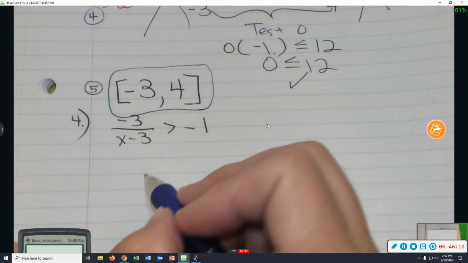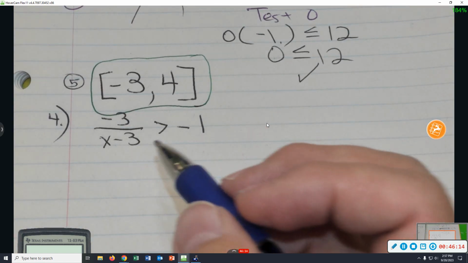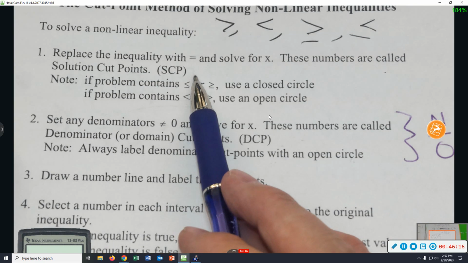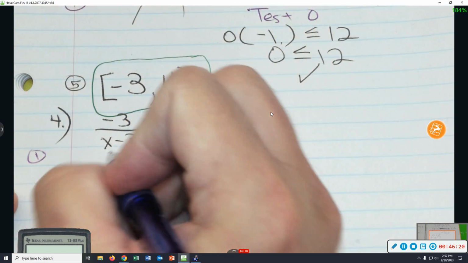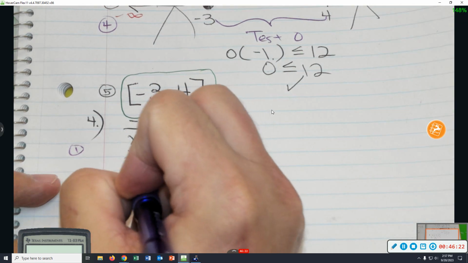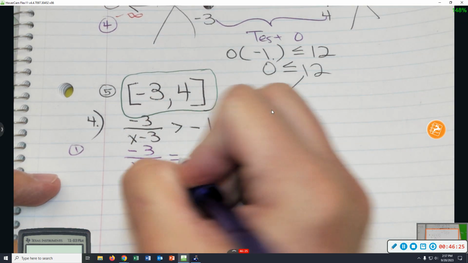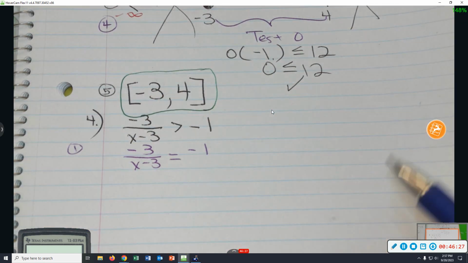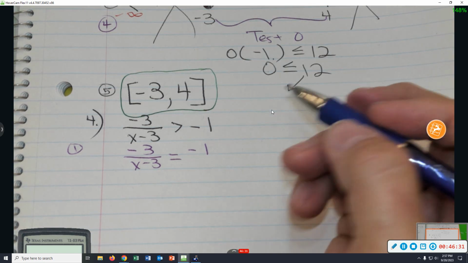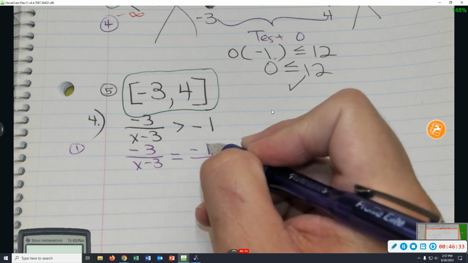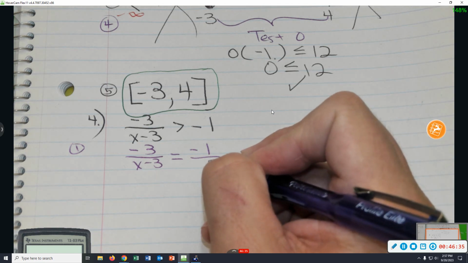No, this is good. Okay, the first thing we do, ask ourselves, when is the inequality equal? So this is step 1, -3 over x minus 3. When does it equal -1? I'm going to make this look like a proportion so I can cross multiply, putting the -1 over 1.